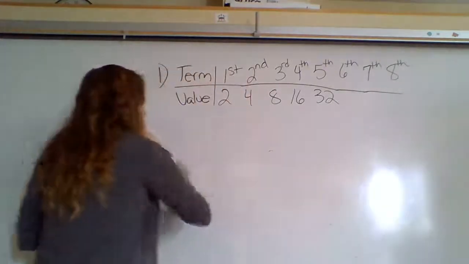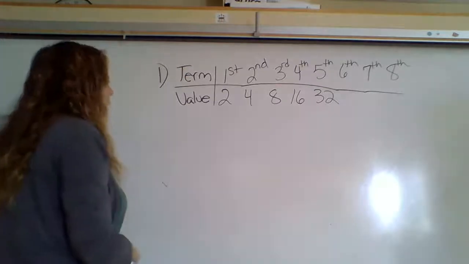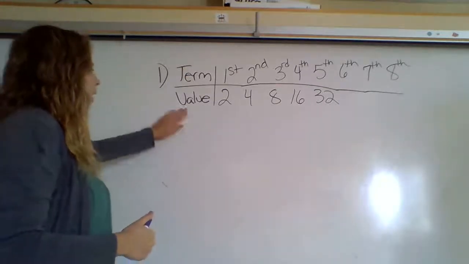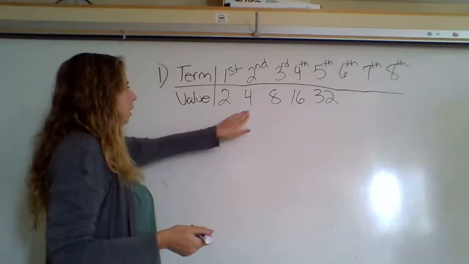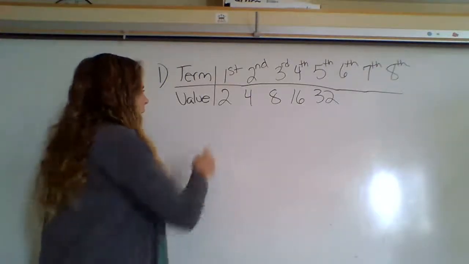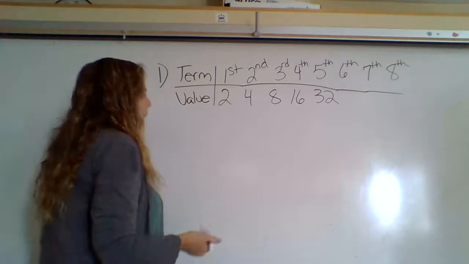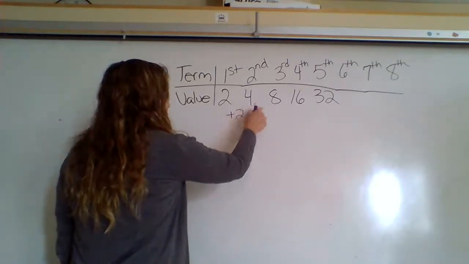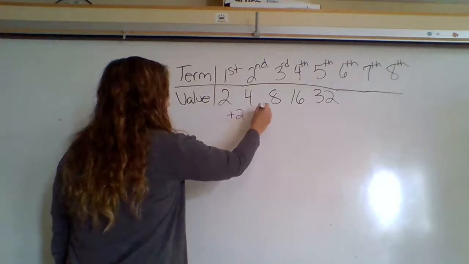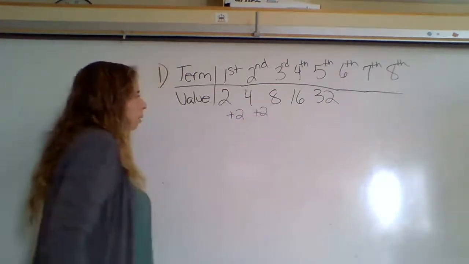So with that in mind, let's look at number 1. We have to figure out, is it arithmetic or is it geometric? What are they doing to get from one number to the next? From 2 to 4, well, I'm adding 2. 4 to 8, if I add 2 again, that doesn't work. 4 plus 2 is 6, not 8.